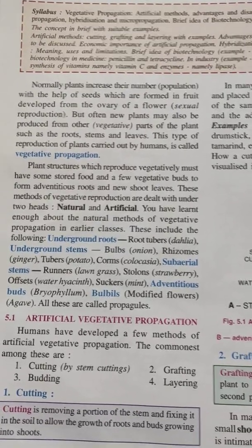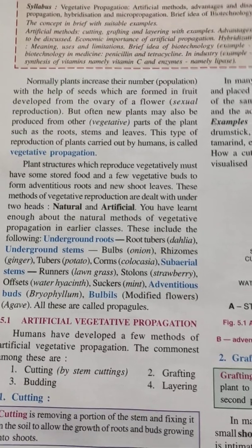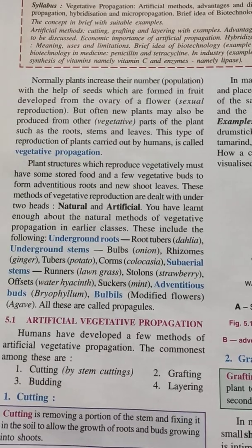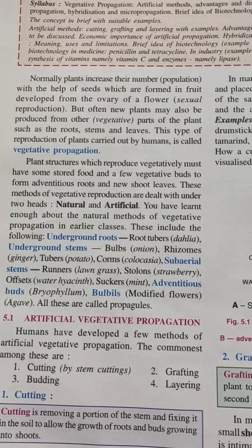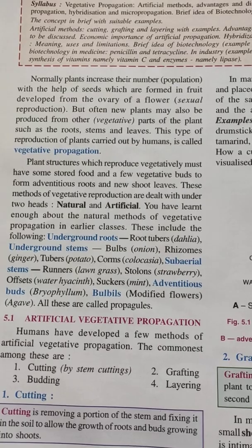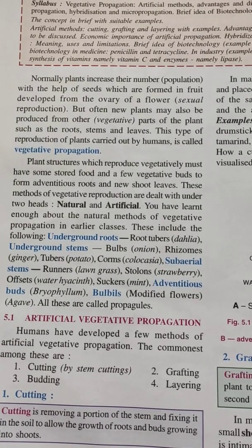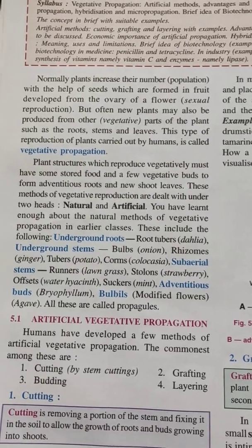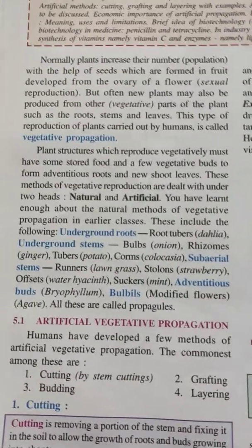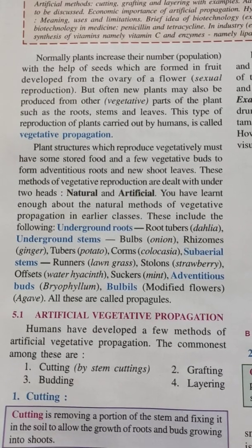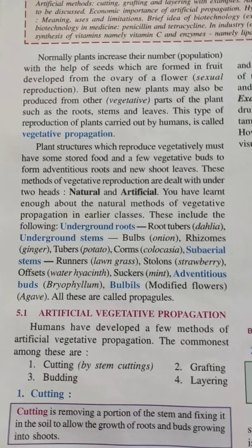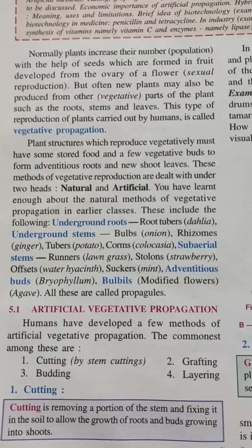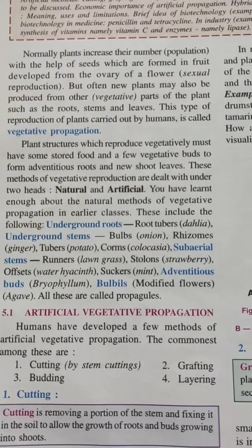These include underground roots, example root tubers like dahlia, underground stems like bulbs, onion, rhizomes, ginger, tubers, potato, subaerial stems, runners, stolons, offsets, adventitious buds, bryophyllum, bulbils, agave, modified flowers. All these are called propagules because these are the various natural ways of vegetative propagation.